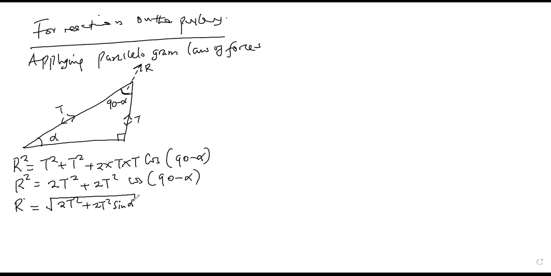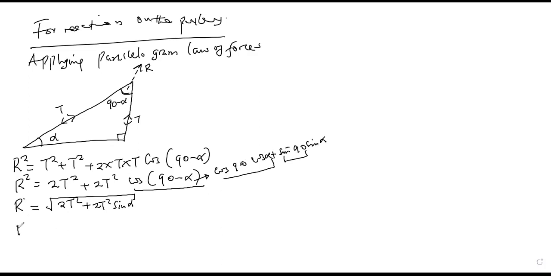Why am I doing this? The expansion of cos 90 minus alpha from your pure mathematics is cos 90 cos alpha plus sin 90 sin alpha. Cos 90 is 0, so that whole term becomes 0. Sin 90 is 1, so we remain with sin alpha.